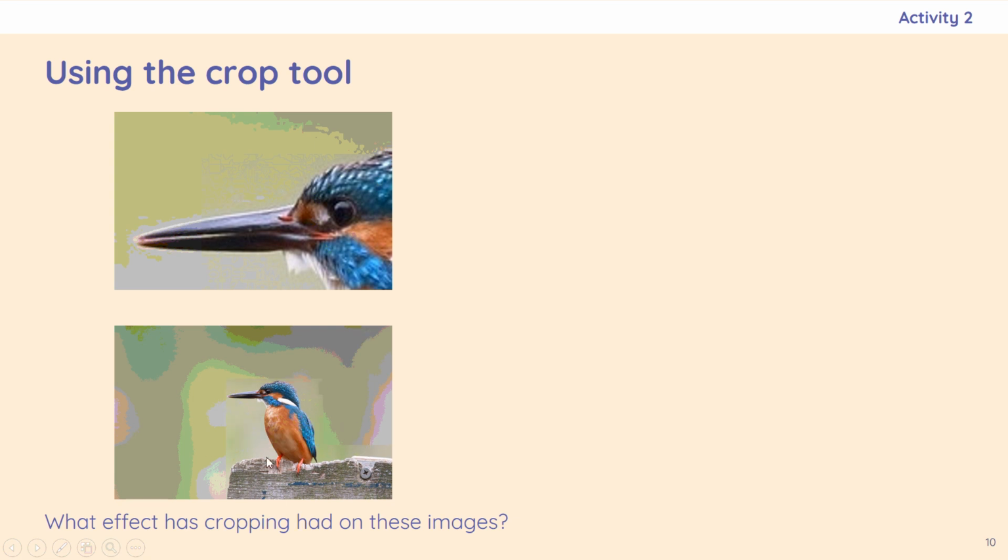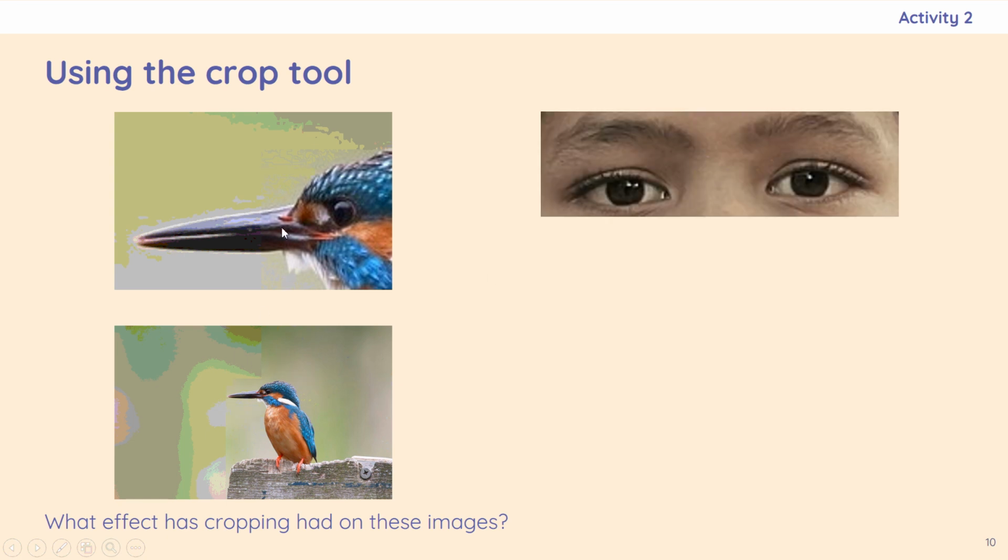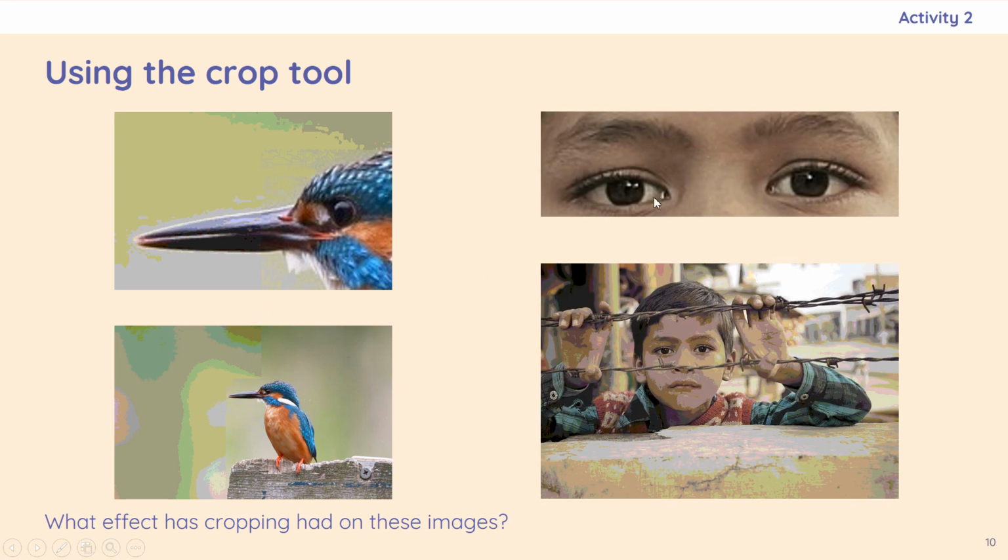We've got the piece of wood. It looks like maybe a bench that he's perched on. But then it's been cropped here, just so we get this part. And then we've got the eyes of this little boy here that have just been cropped, so we would have cropped it about here. Okay, so we lose all of this fence, all this barbed wire. What effect has that had?